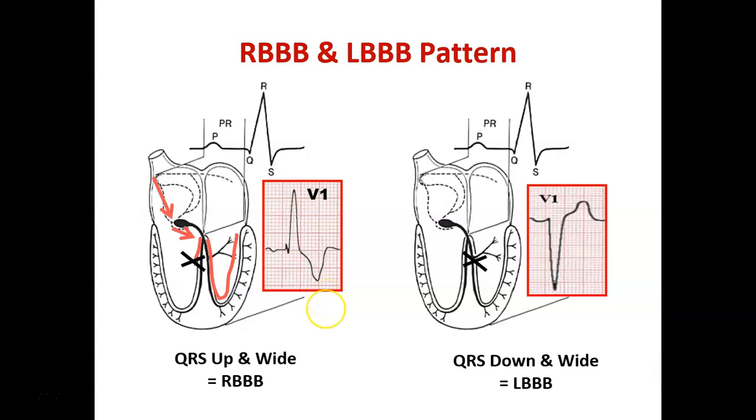Okay, so the impulse from the atria goes to the ventricle, and on the way, if it's blocked at the right bundle branch, we get the RSR pattern or quite wide QRS complexes in V1. If it's blocked on the left side, the left bundle branch, we get QRS complexes that will be down and wide in V1.